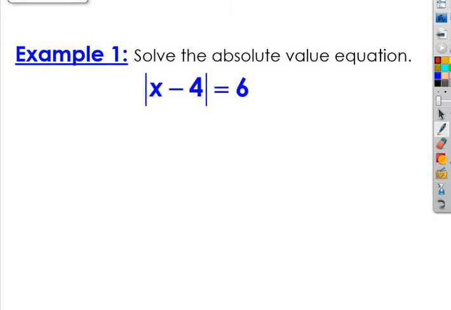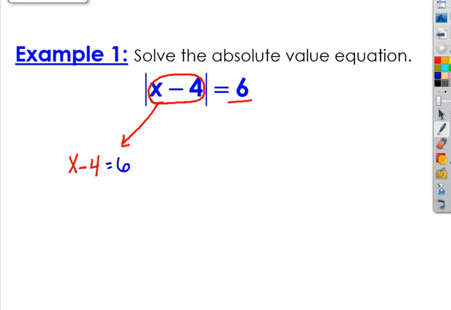Okay, so example 1, following that same pattern, what we're saying is that what's inside here has to be 6 units away from 0. So how are we going to solve that? Well, this number, whatever this is on the inside, x minus 4, could be equal to +6, because +6 is 6 units away from 0 on the number line.